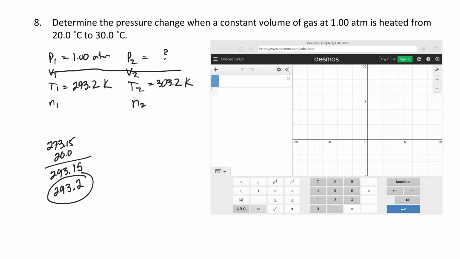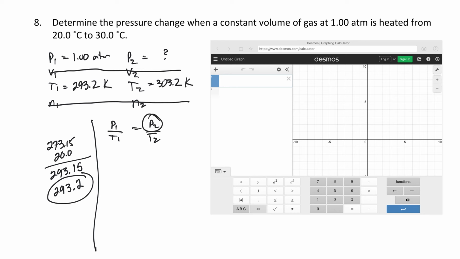Assume no volume change, constant volume, and we're not putting any more gas in or taking stuff out. So this is P and T. That's Gay-Lussac's law. So pick up your trash. P and T, pick up your trash. Gay-Lussac. Boy, I think I've got those memorized. So the formula would be P1 over T1 equals P2 over T2.